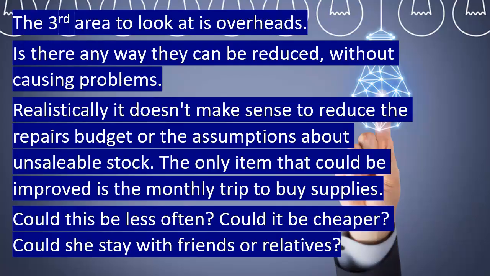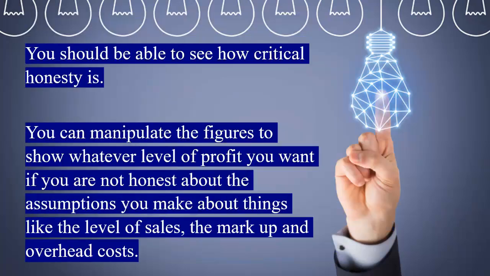Could it be cheaper? Could she stay with friends or relatives? You should be able to see how critical honesty is. You can manipulate the figures to show whatever level of profit you want if you're not honest about the assumptions you make about things, like the level of sales and the markup and the overhead costs.